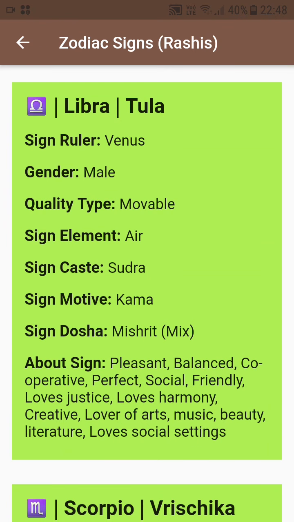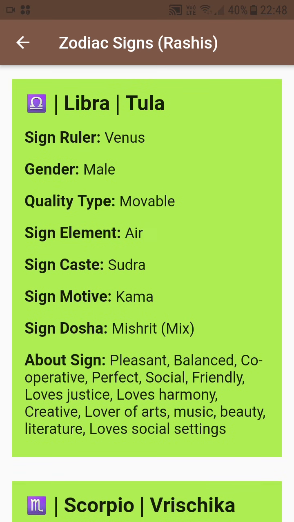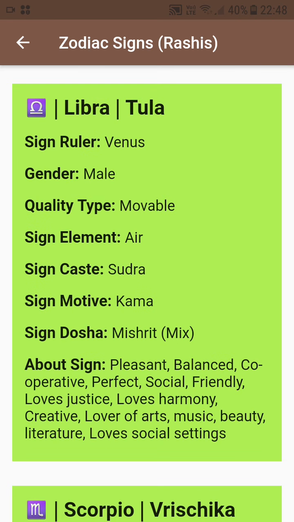gender is male, quality is movable, element is air. Okay, here the caste is Sudra, motive is Kama, dosha is Mishrit.